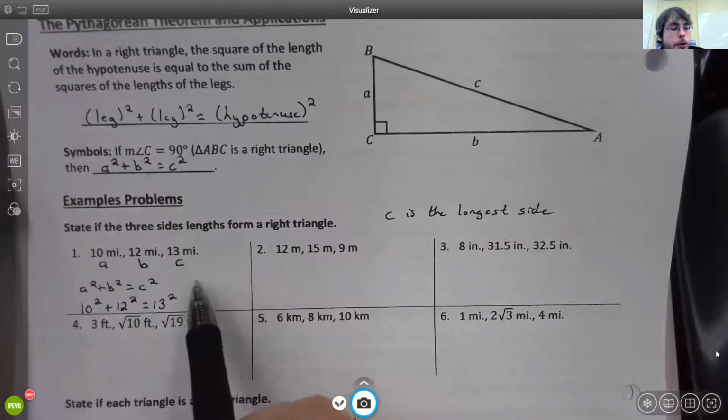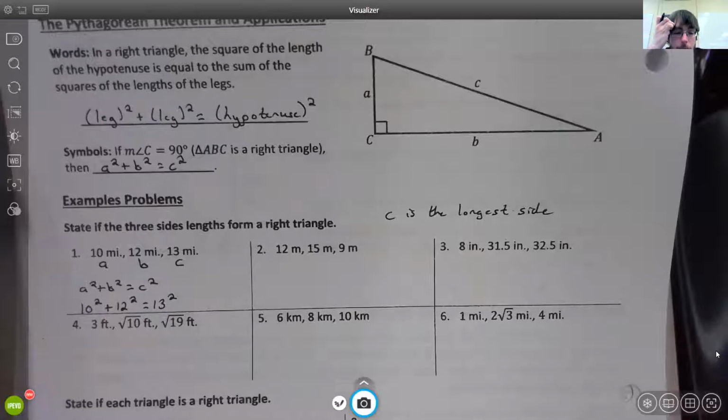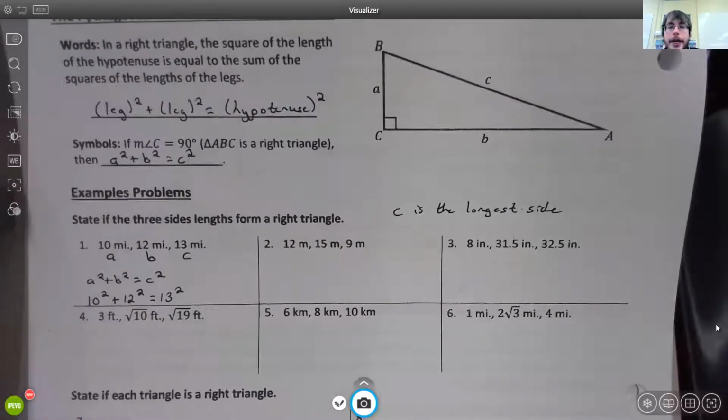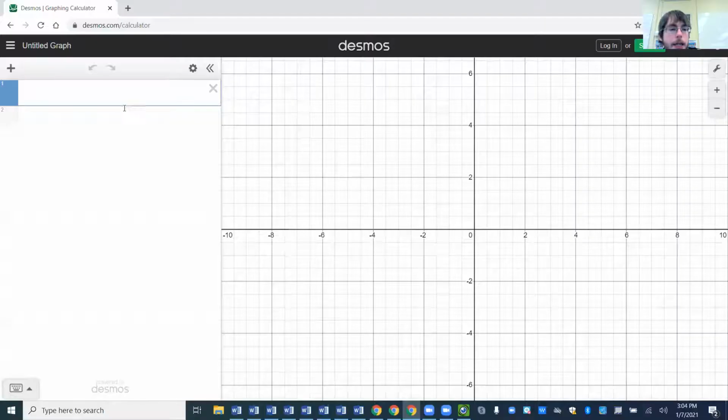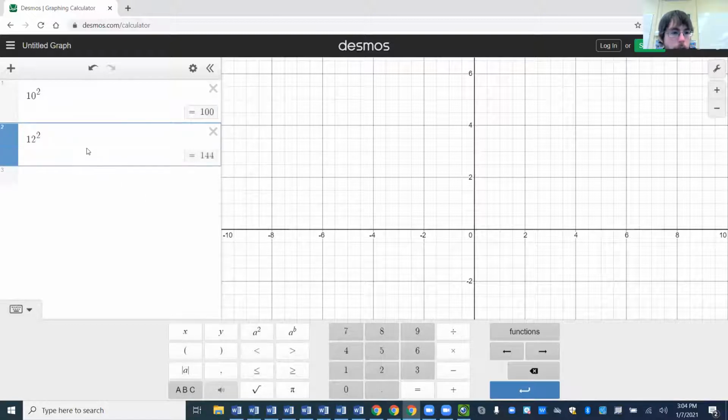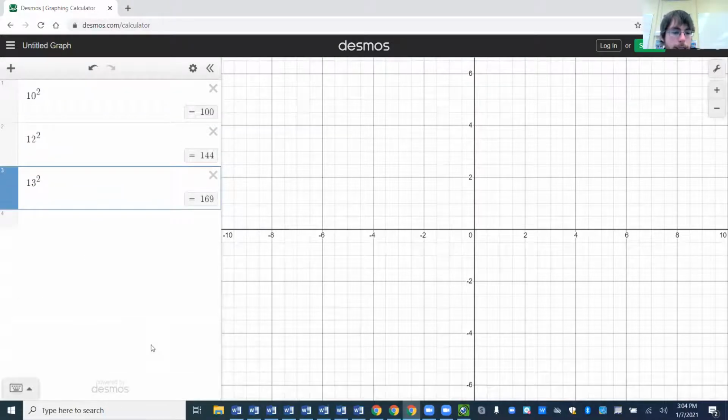Now, here's the point where you need to look at Desmos if you're having trouble figuring out what these are squared. So open Desmos and type in what you need. The first thing is 10 squared, which is 100. And then you have 12 squared, which is 144, and 13 squared, which is 169.